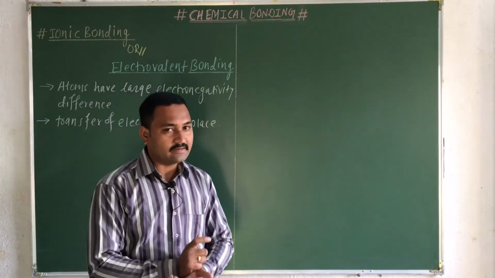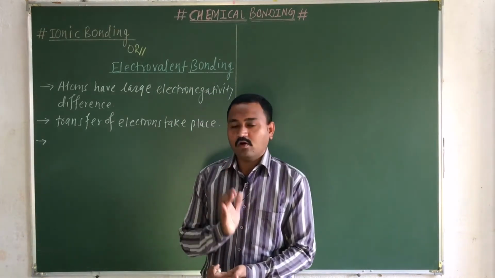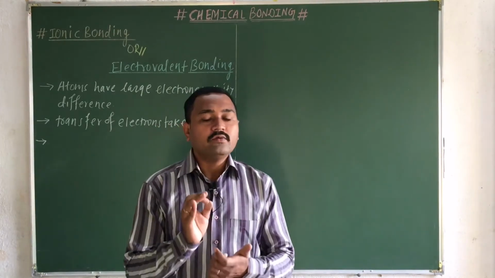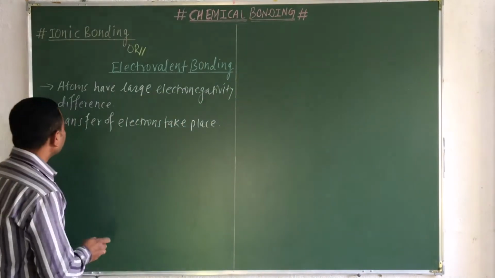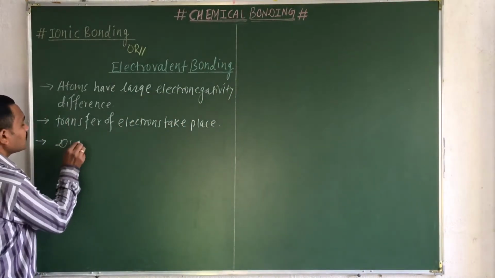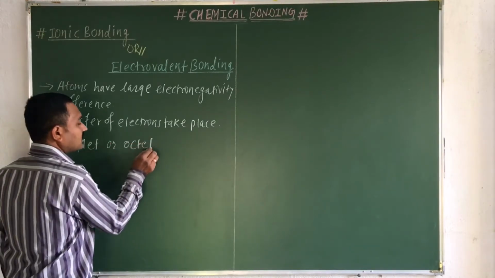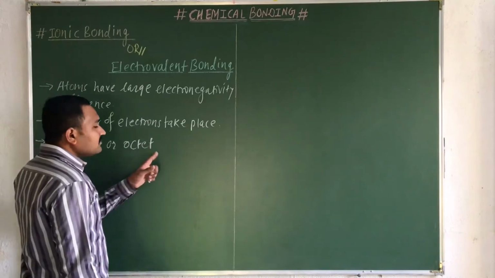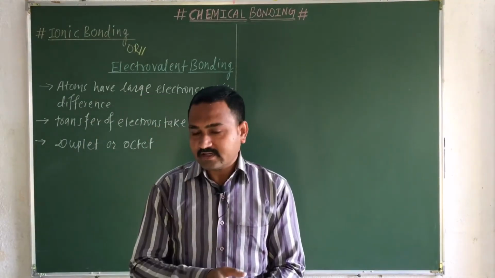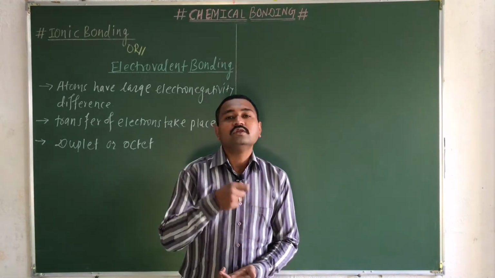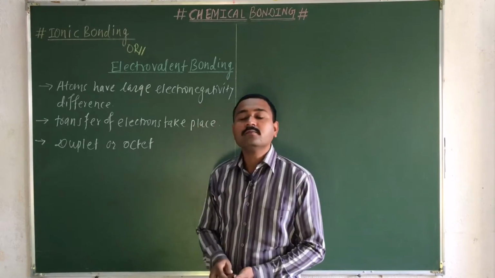Whenever the transfer of electrons takes place, obviously each and every atom tries to gain stability either by achieving the duplet or the octet. That means how many electrons can be transferred from one atom to another depends upon the duplet or the octet.